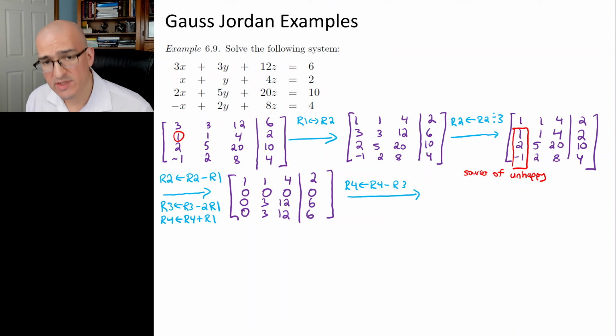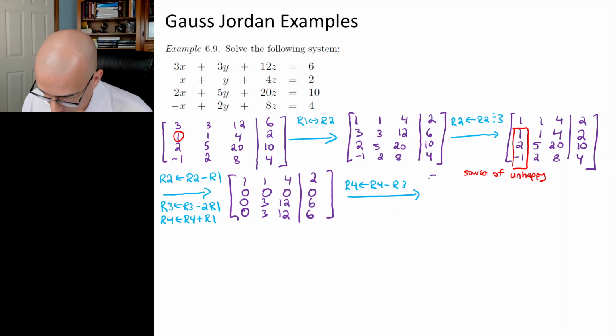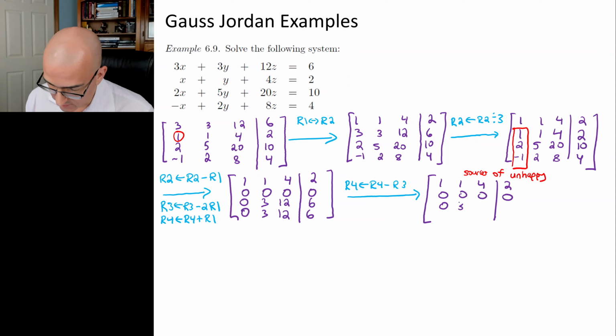And I'm only doing that because these are duplicate rows, and I can zero a whole bunch of stuff. Okay, and then what do we have? We have 1, 1, 4, 2, 0, 0, 0, 0, 0, 3, 12, 6, 0, 0, 0, 0.